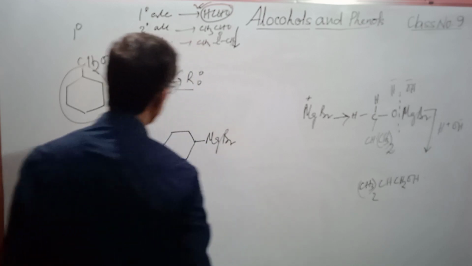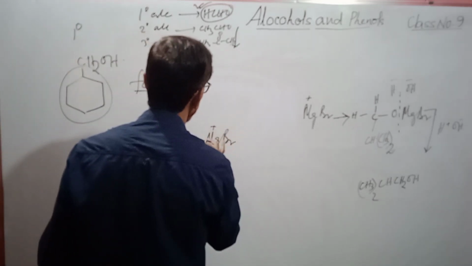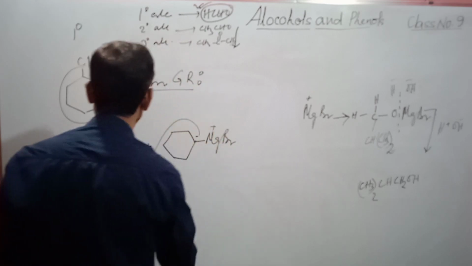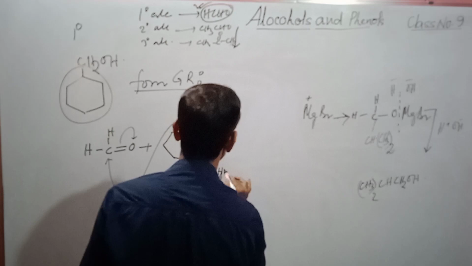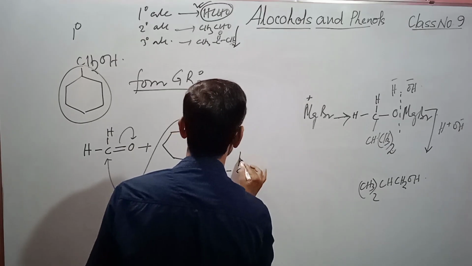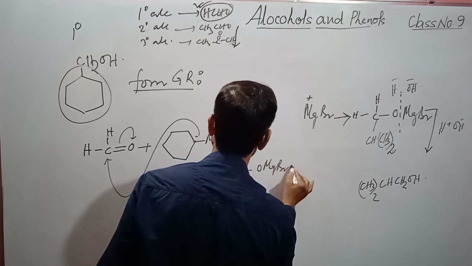Simple, very simple. And whatever trick is here, this is plus and this is minus. This will attack here and this will be withdrawn. This will be H, C, H, O, Mg, Br.